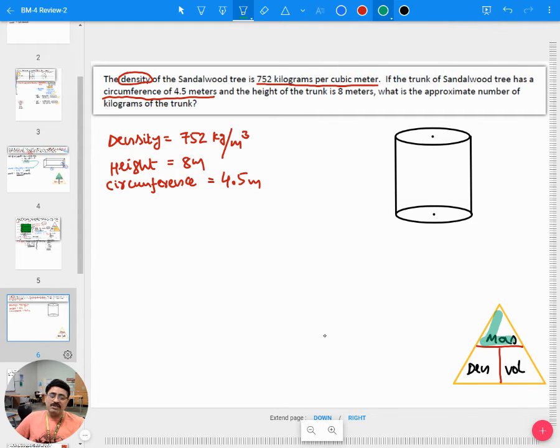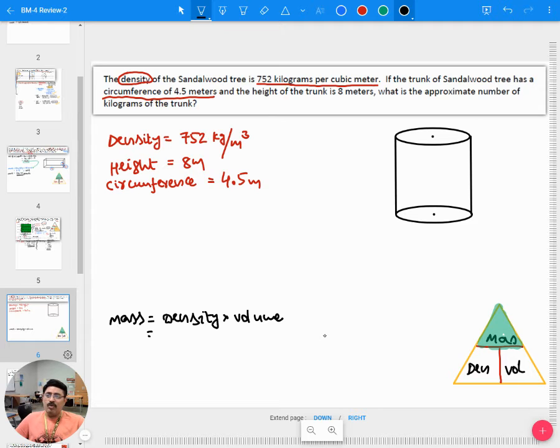Kilograms here is representing mass. Therefore, if you mask it with your thumb, or else you may shade this one. Mass equals density and volume, occurring side by side. Therefore, it is density times volume.